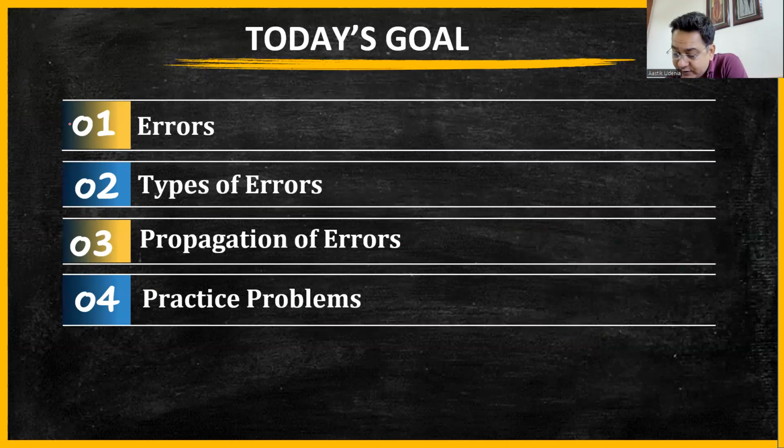You have an idea about different types of errors? Yes, sir. Random error. Propagation of errors, how do errors move ahead, and we will solve some practice problems as well as take some previous year questions.